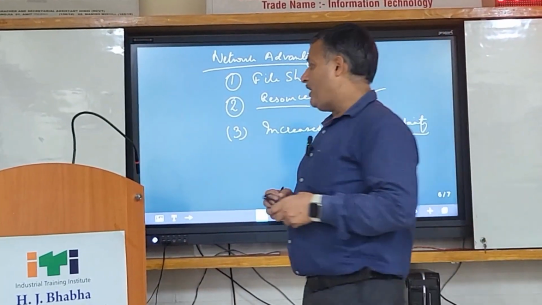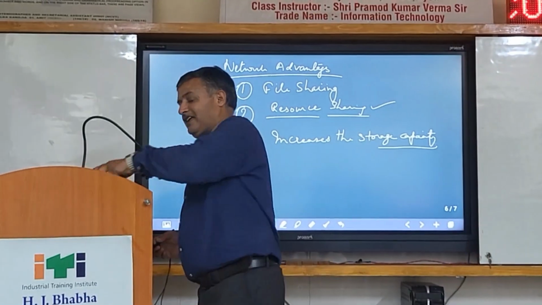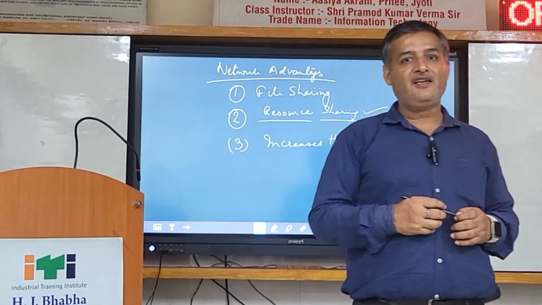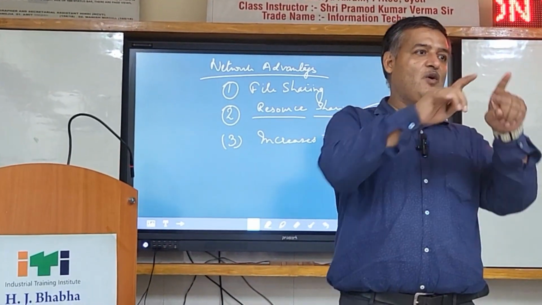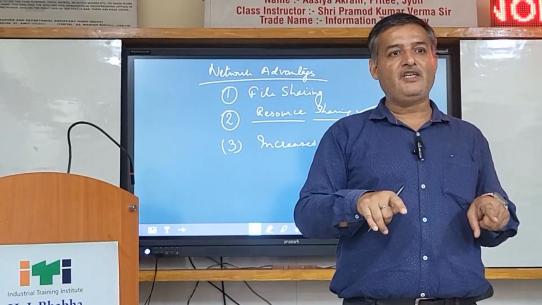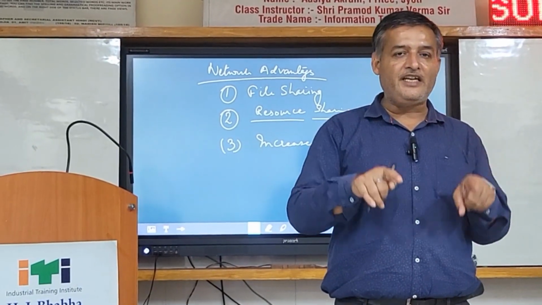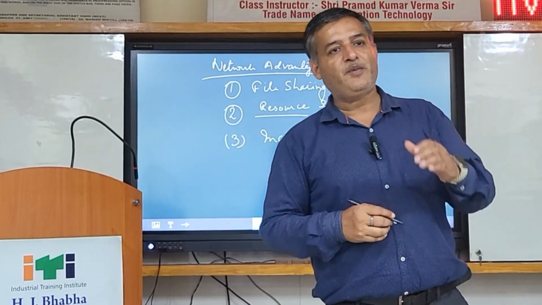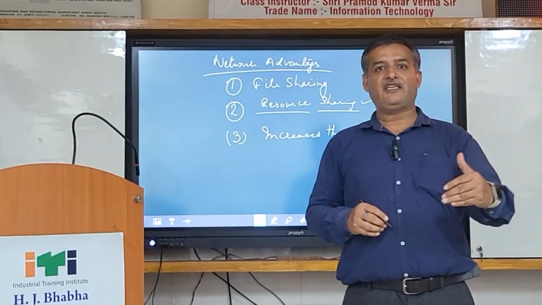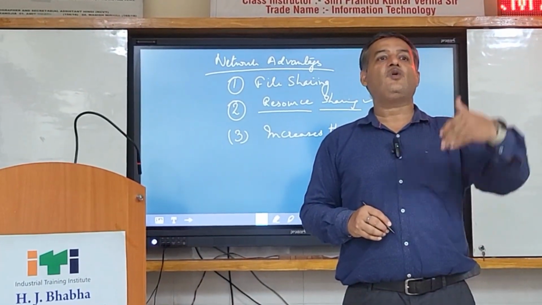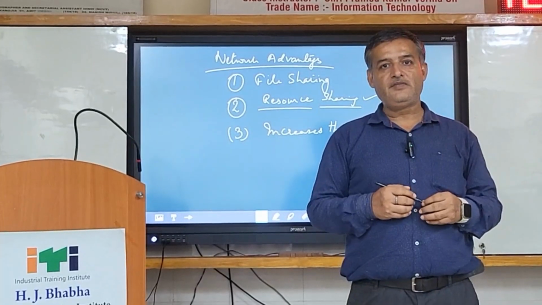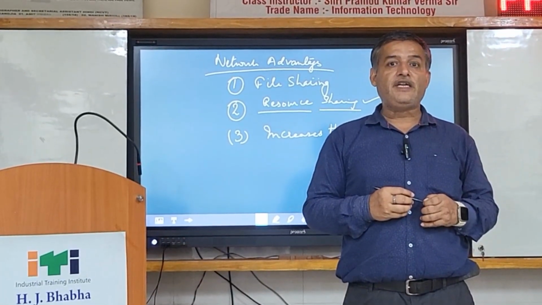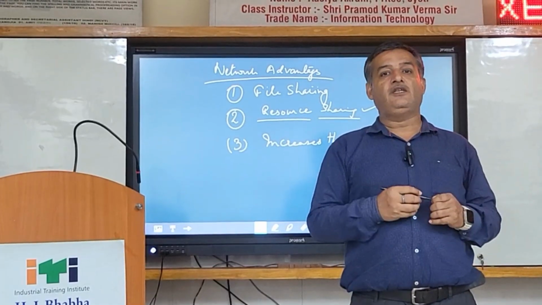But if the computers are interconnected, the total capacity will be the summation of all the computers interconnected within a network. So one person can save data either on his own system or on another system. This is also a benefit of computer networking.